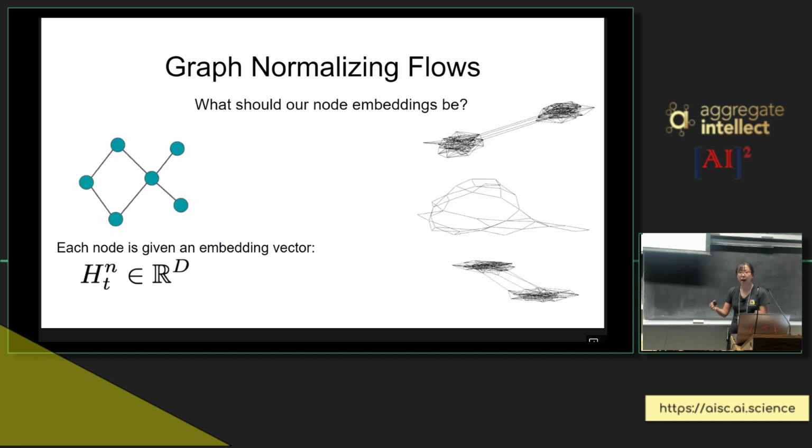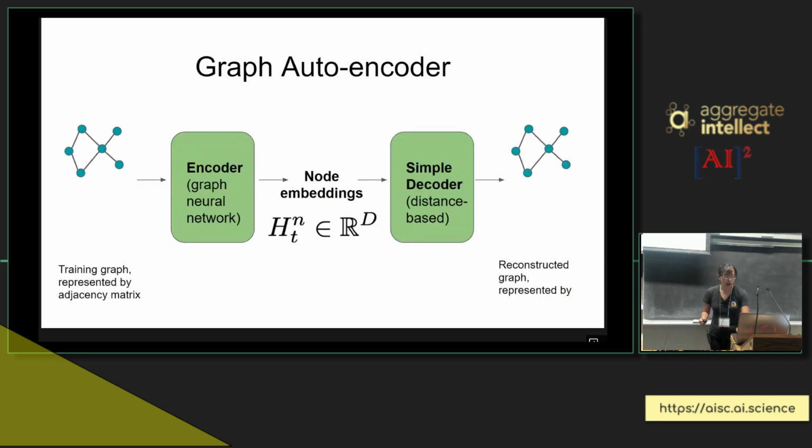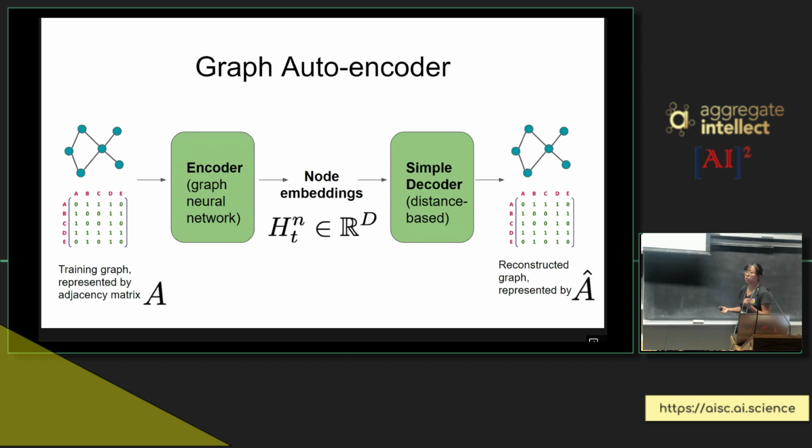The last thing that I haven't told you is how we actually get these node embeddings, because as I said earlier, for these data sets, we're just given adjacency matrices. The way that we're going to do that is to use a graph autoencoder. We start with some adjacency matrix on the left, and we have an encoder that's a graph neural network that runs message passing over all of the different edges in our training graph.